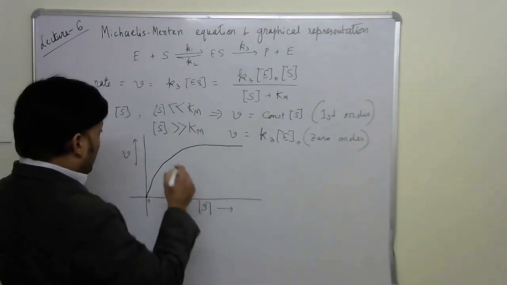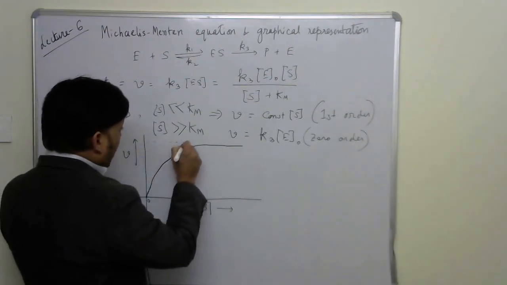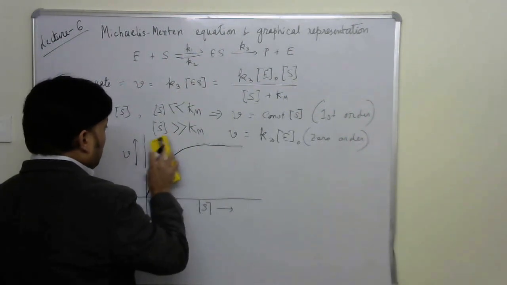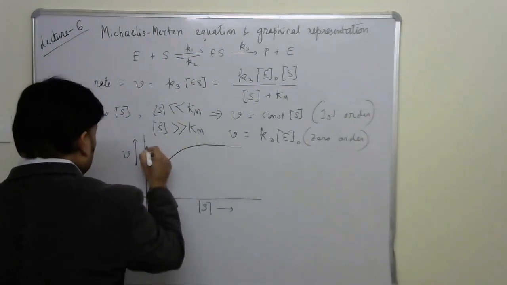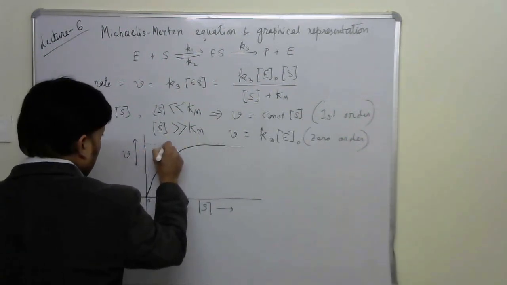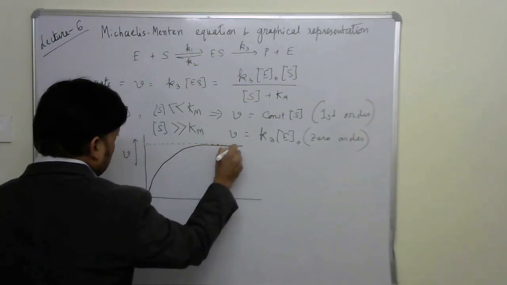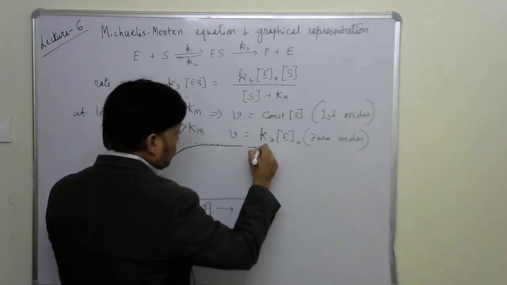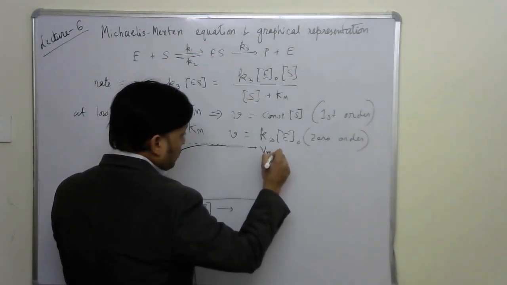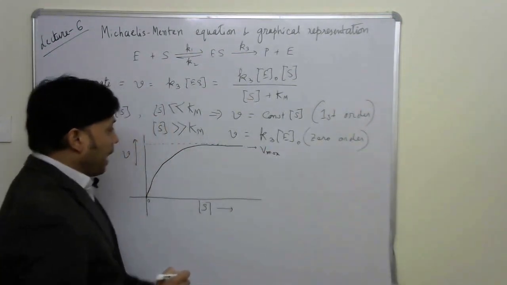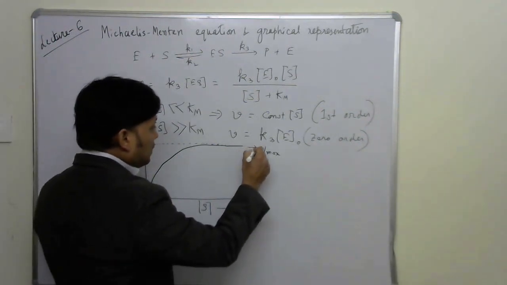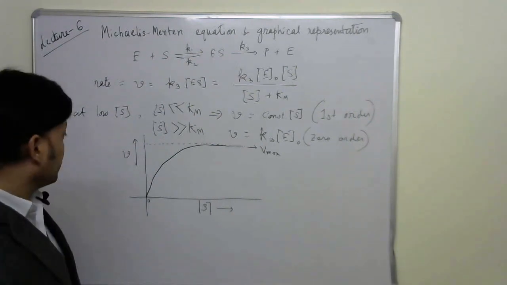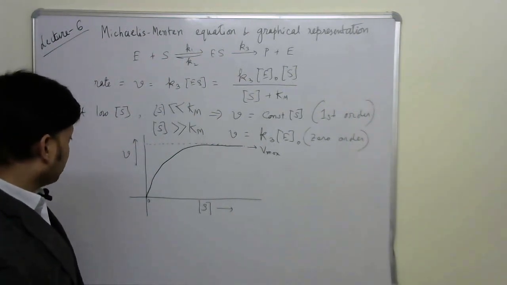Now at a higher concentration of S, the velocity finally gets maximized and constant. This velocity we denote as V max, the maximum velocity the enzyme catalysis can achieve.